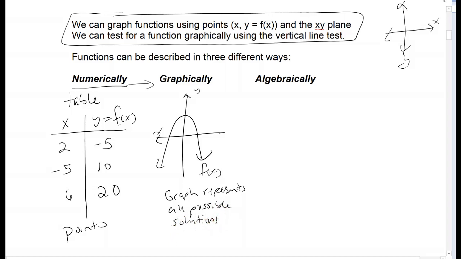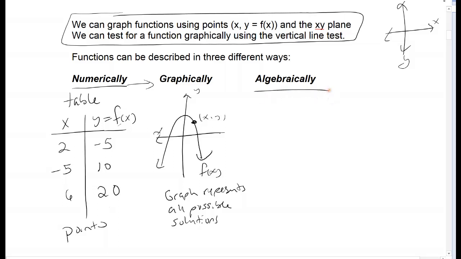Most functions have infinitely many solutions. There are infinitely many points. A point would be an x and a y pair on this particular graph that I would have found using a numerical table. And so this picture represents all of my possible solutions. I pull a point off of this curve, and I have a solution to my function. I have an x paired with a y value.